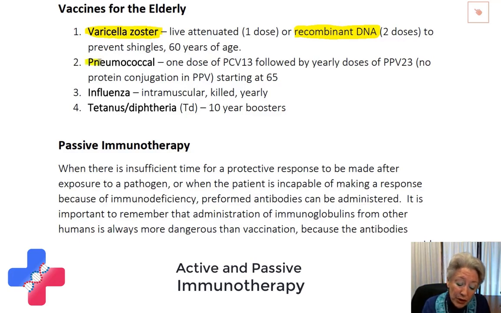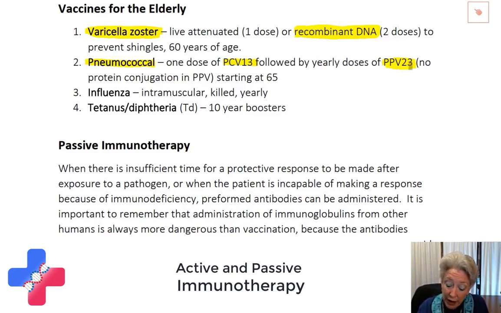The current recommendation for protection against pneumococcus is 1 dose of the pediatric vaccine, and that stands for PCV, pediatric conjugated vaccine. That's the one that's conjugated to protein. And then yearly boosters of the one that is purely capsular polysaccharides.